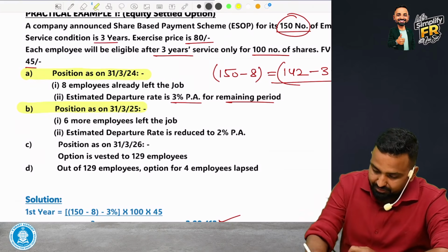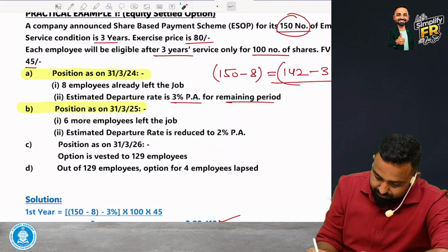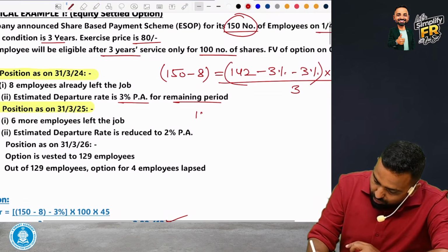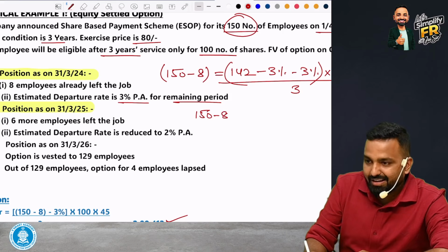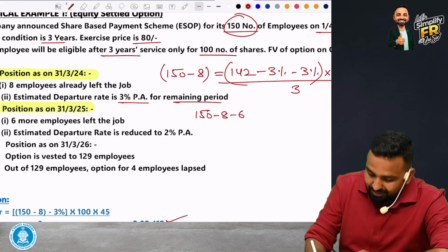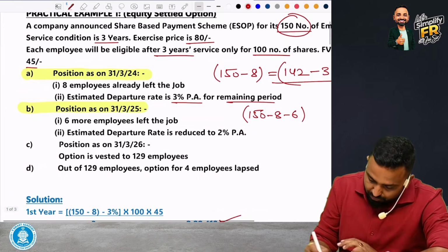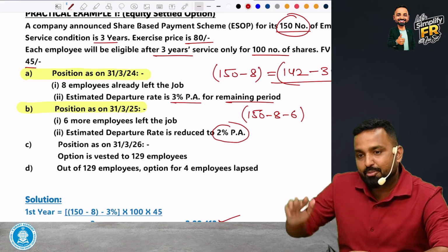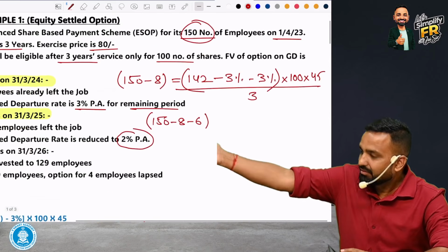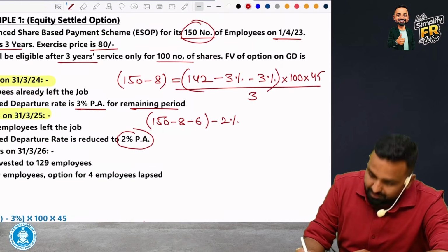31st March 25. How many left? Overall there were 150. Initially 8 left, then 6 left. Now the remaining. What is the departure rate now? And how many years are still remaining? Only one, so minus 2%.